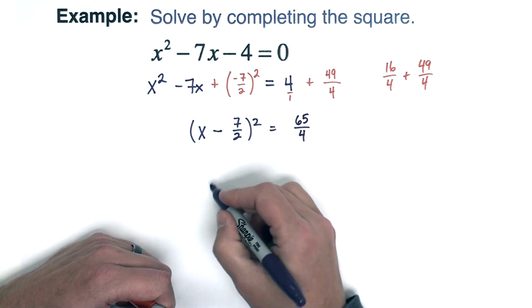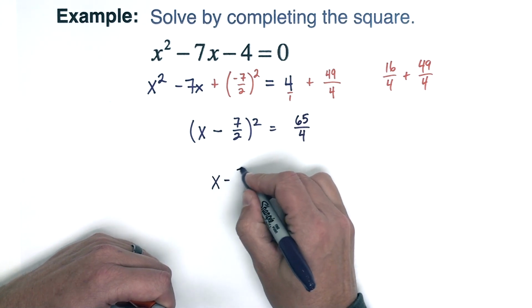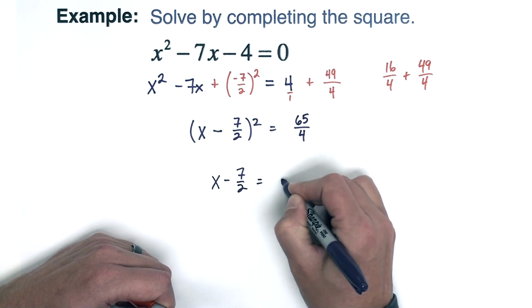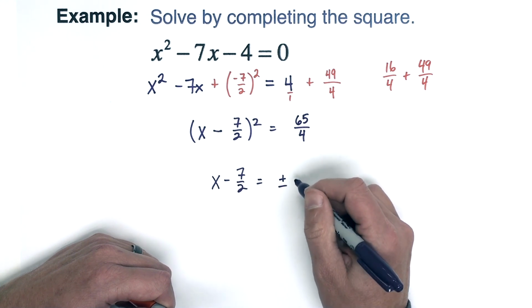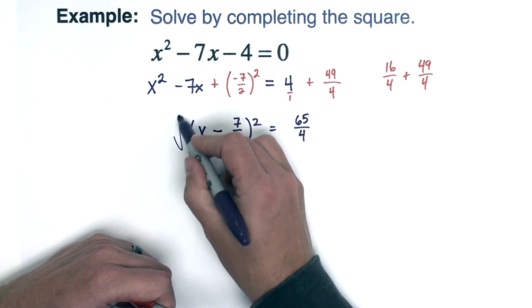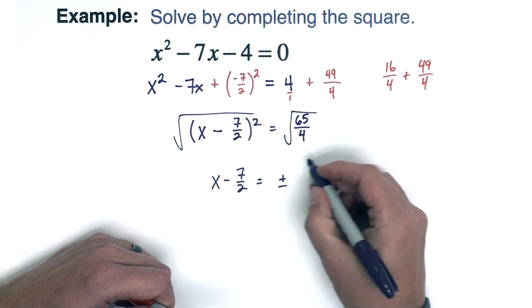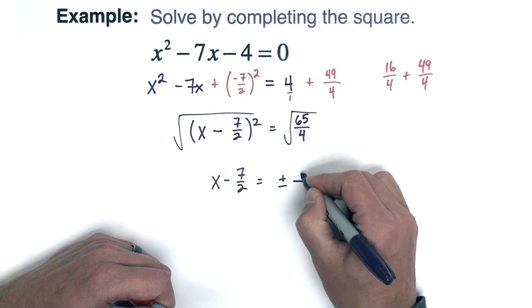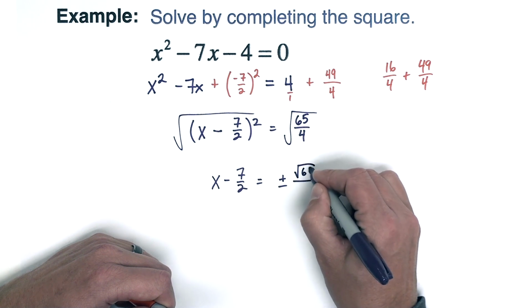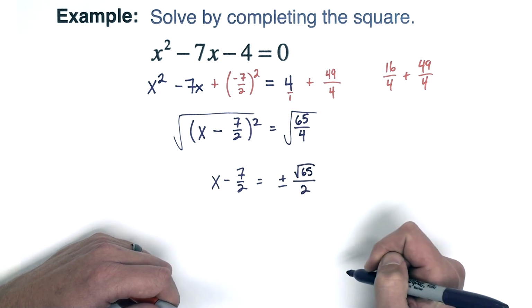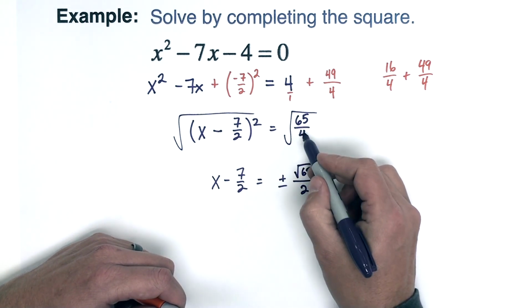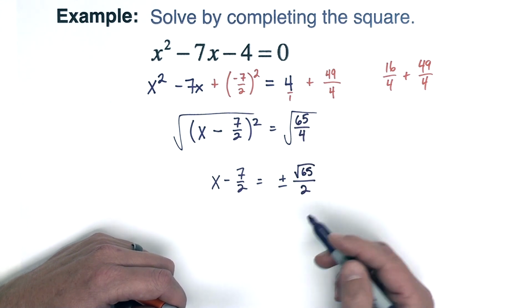Now I'll take the square root of both sides, so we get x minus 7 halves equals plus or minus the square root of 65 over 4. I'm doing this just to show you the step, but I'm going to go ahead and simplify this to the square root of 65 over 2. So I've gone ahead and just taken the square root of the 4 to 2.